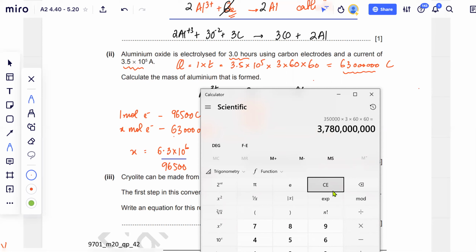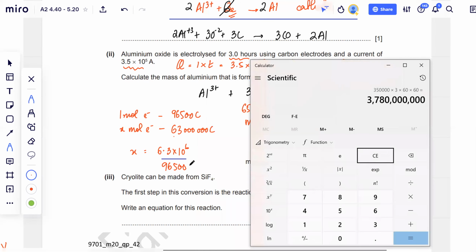And then this is going to be divided by 96,500. So we're going to divide that by 96,500, and I get 39,170, or we can write 39,171 moles.